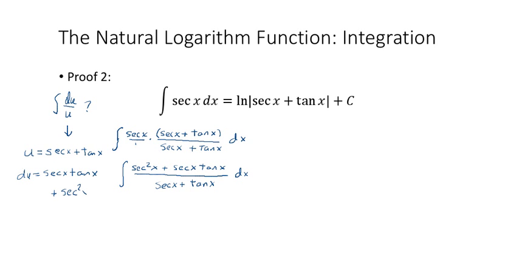And sure enough, that's exactly what we have in the numerator. Very exciting. So now I've got du in the numerator, right? Secant x tangent of x plus secant squared x, that dx, that's du, over u, which means that I now have the natural log of the absolute value of u plus the constant.